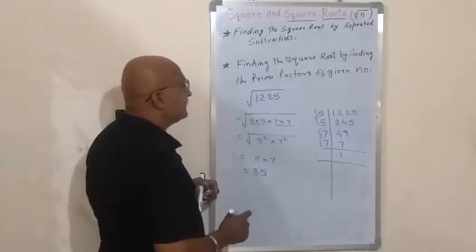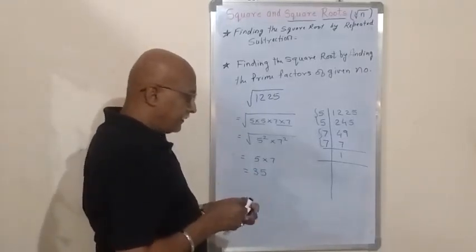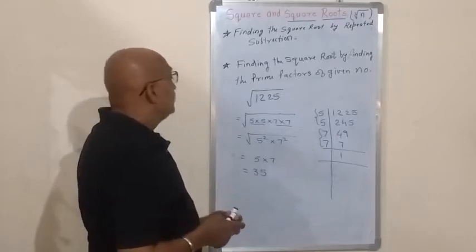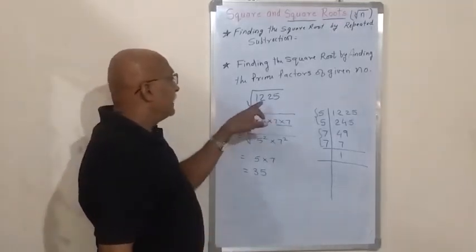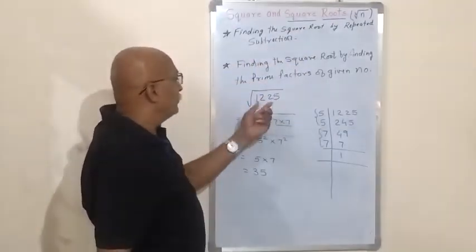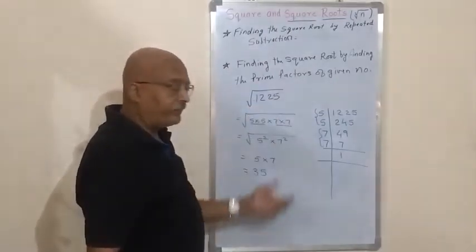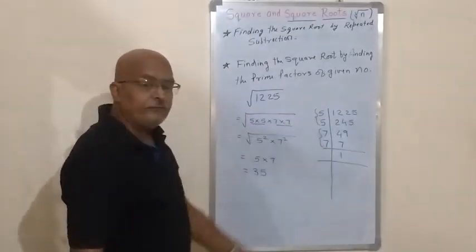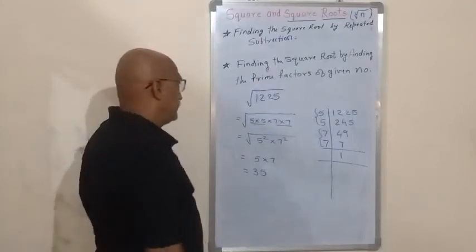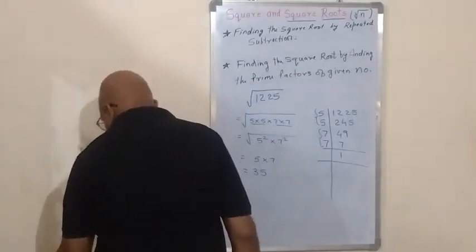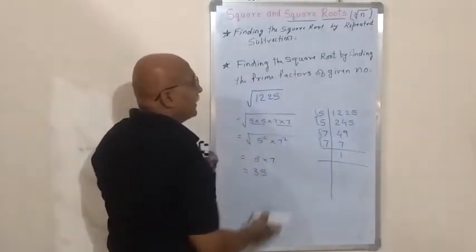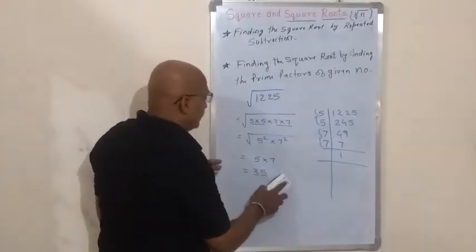So this is the way how we can find out the square root of a given number by the prime factorization method. This is nothing but the prime factorization method.